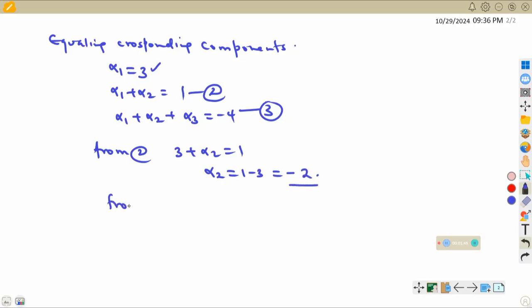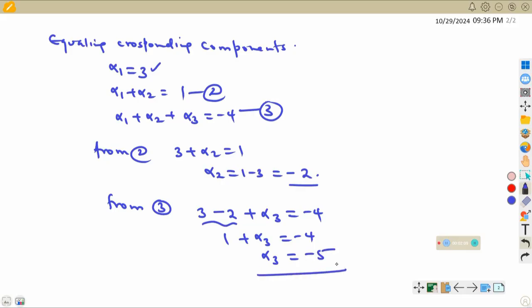Also from equation 3, we have alpha 1 as 3, alpha 2 as minus 2, then plus alpha 3 equaling negative 4. This gives 1 plus alpha 3 equal to negative 4, and alpha 3 as negative 5. So we are in position to get alpha 1, alpha 2, and alpha 3.